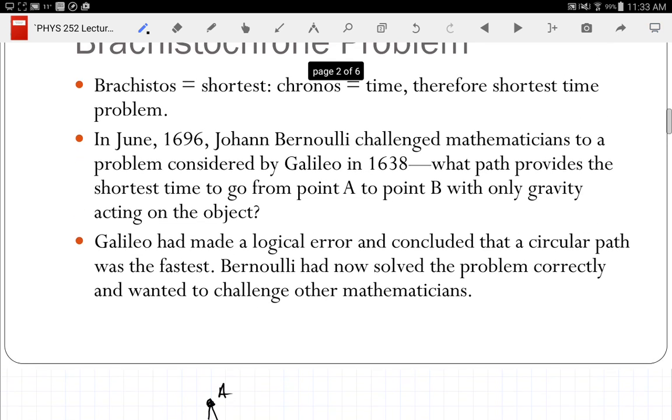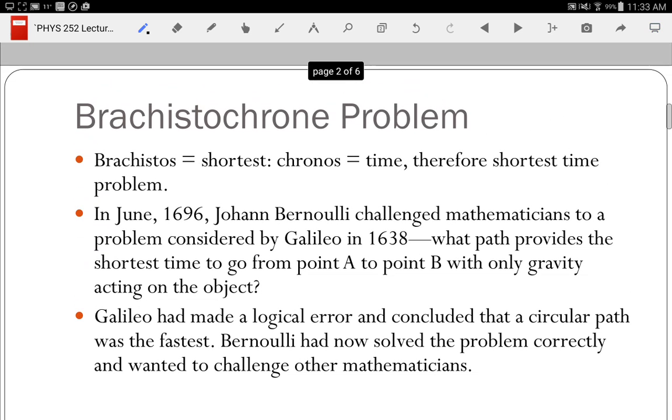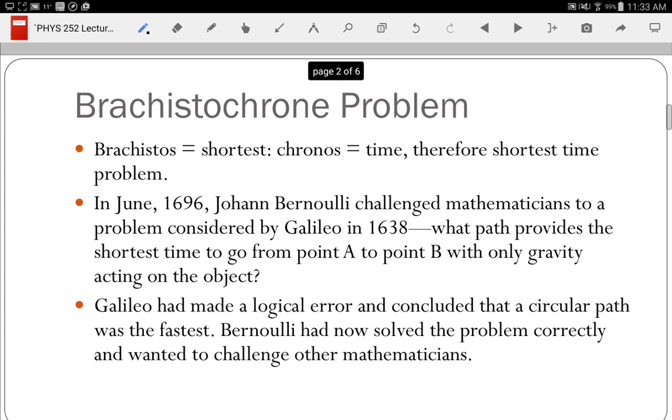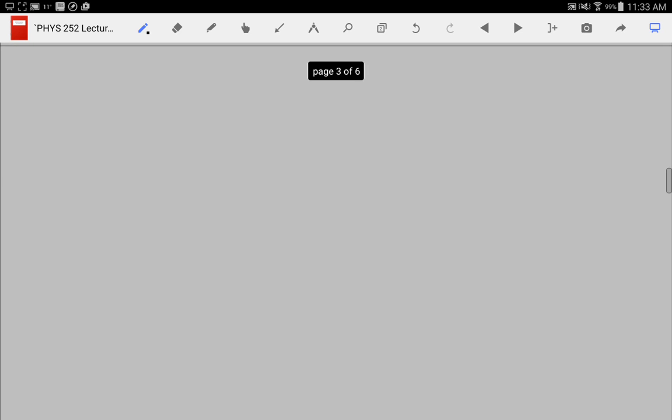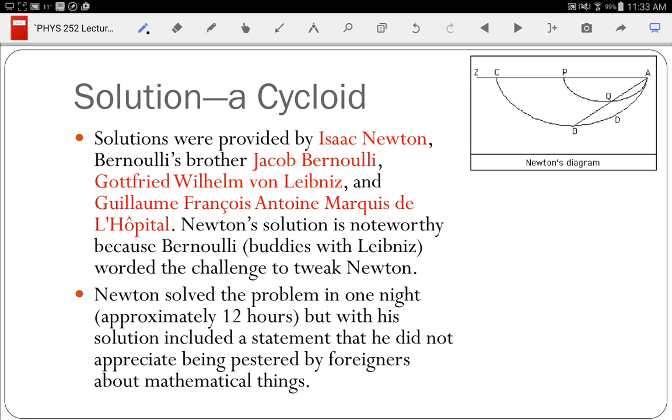And so Bernoulli said, he had worked it out and said, Galileo was wrong, so he put out this challenge. Now, he put out this challenge in a kind of funny fashion.